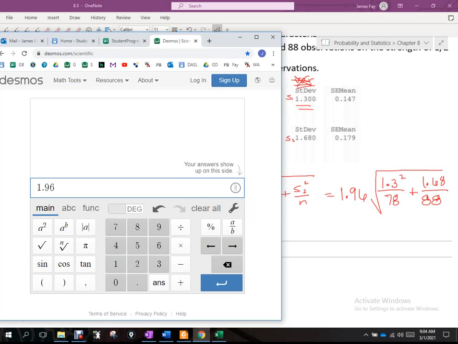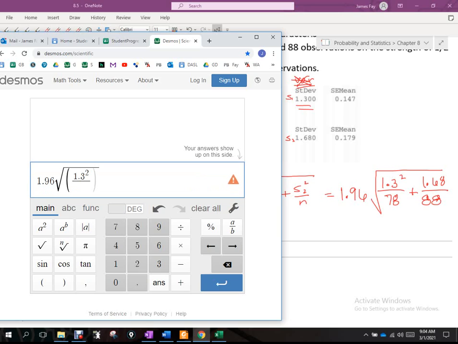1.96 times the square root of 1.3 squared over 78 plus 1.68 squared over 88. I prefer this calculator because if I'm typing this on my TI-83/84, underneath the square root, you've just got some nasty order of operations that, based on parentheses, might get mixed up on a kind of cheaper calculator. Okay.